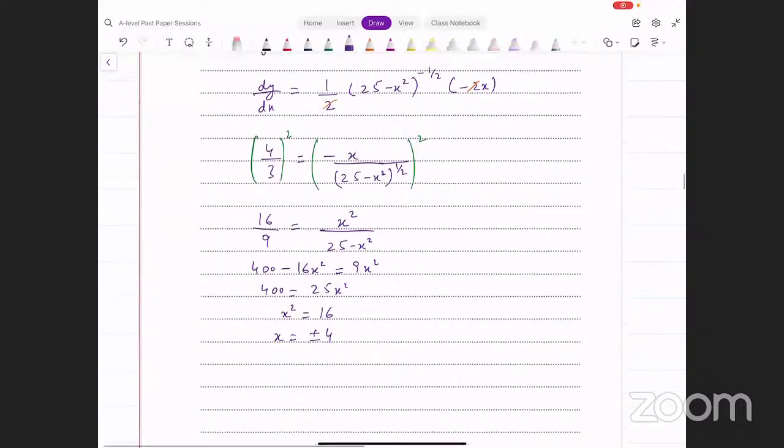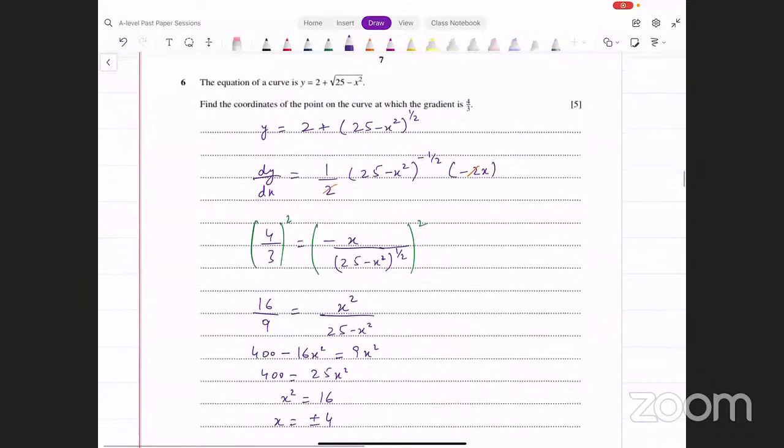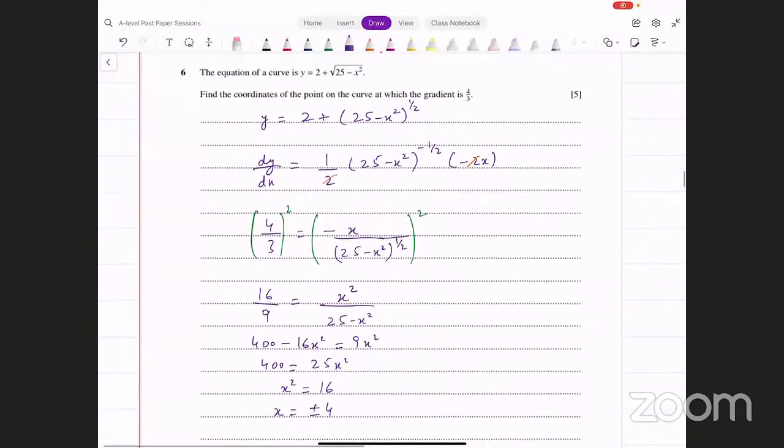Now let's go back up and see whether we consider both values or only one. What value of x can we use here? At which the gradient is 4 over 3. Let's think about this. Plus minus.